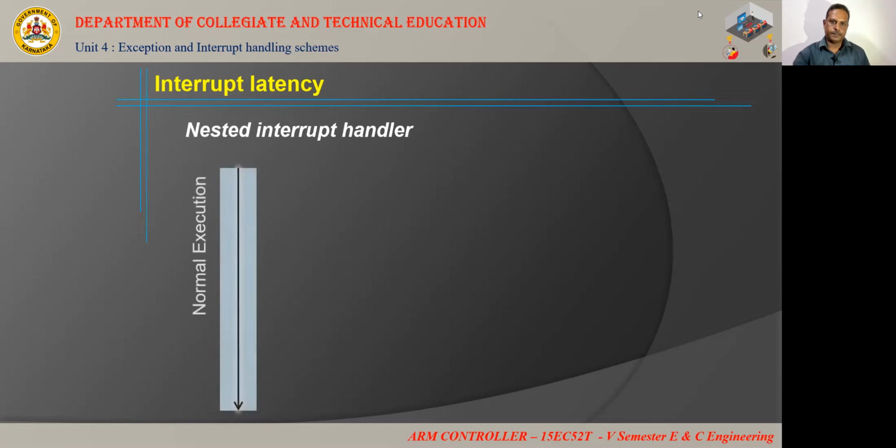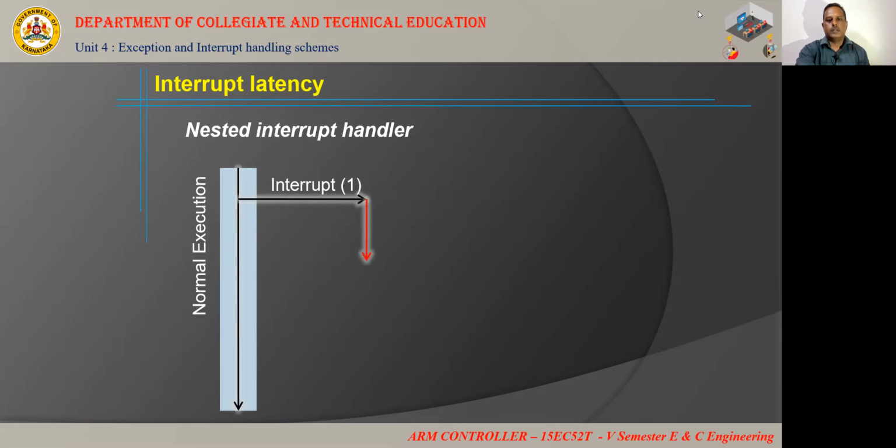Nested interrupt handler. So assume that the processor is executing some task. Suddenly an exception or an interrupt occurs, and this is the first interrupt which has occurred, and the processor will stop the main task there and branch to the interrupt service routine, and start executing it.